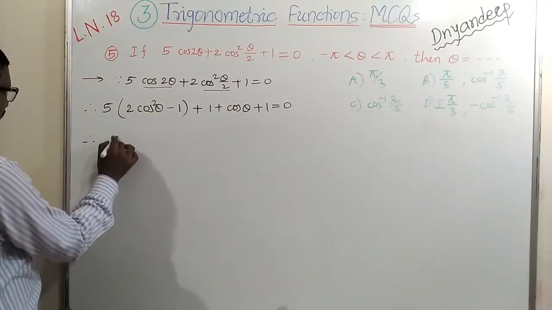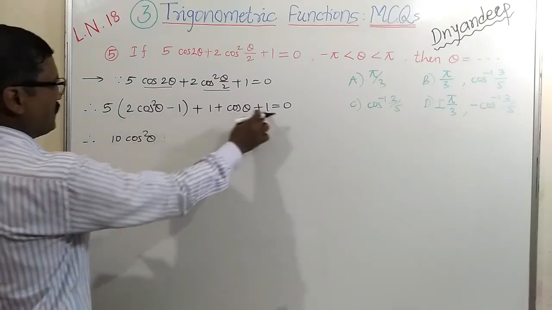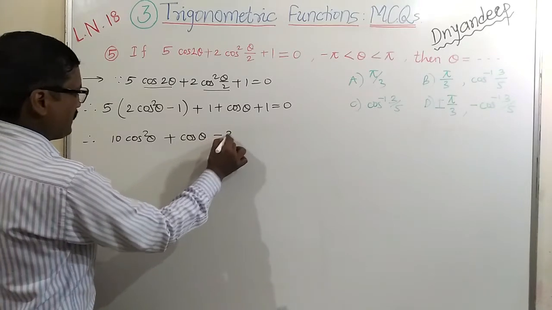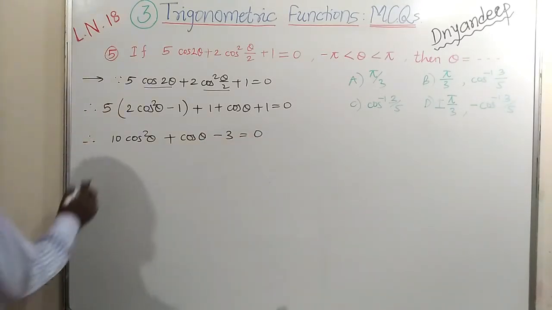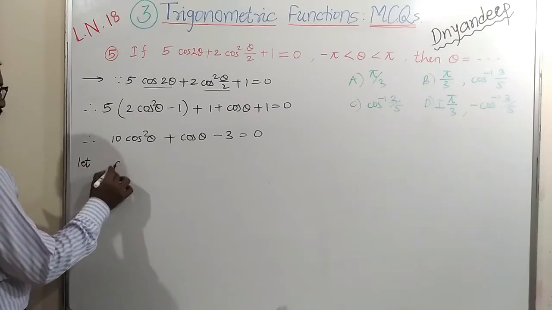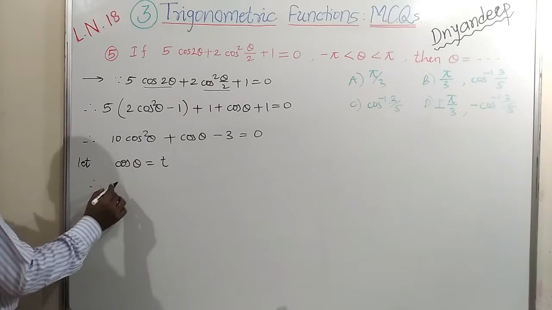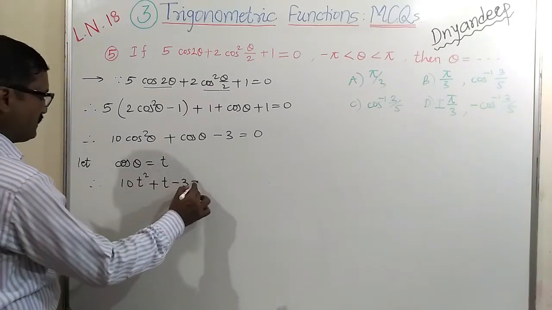Therefore, this will be 10 cos square theta minus 5 and plus 2, that is minus 3. So plus cos theta minus 3 equal to 0. Let cos theta is equal to t, for instance. Therefore, we get 10 t square plus t minus 3 equal to 0.